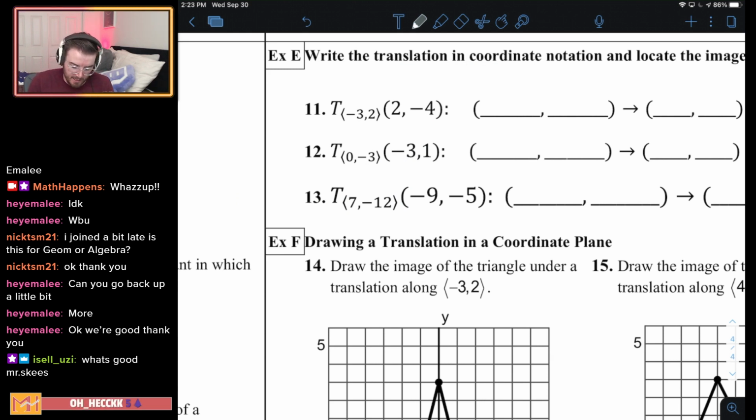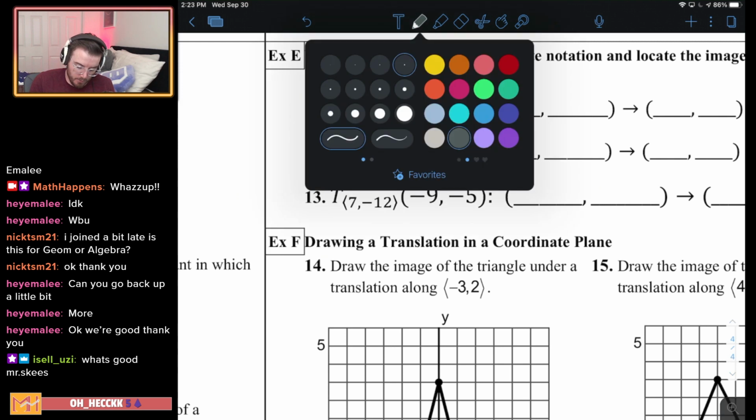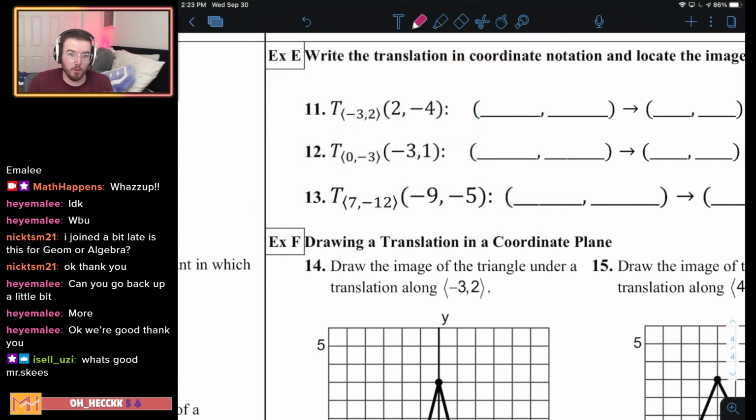We need to realize that we should be able to look at this and know immediately that this says left 3, up 2. If you can't see that, you need to go back up and re-listen to vectors. But these directions, positive and negative, left and right, up and down.